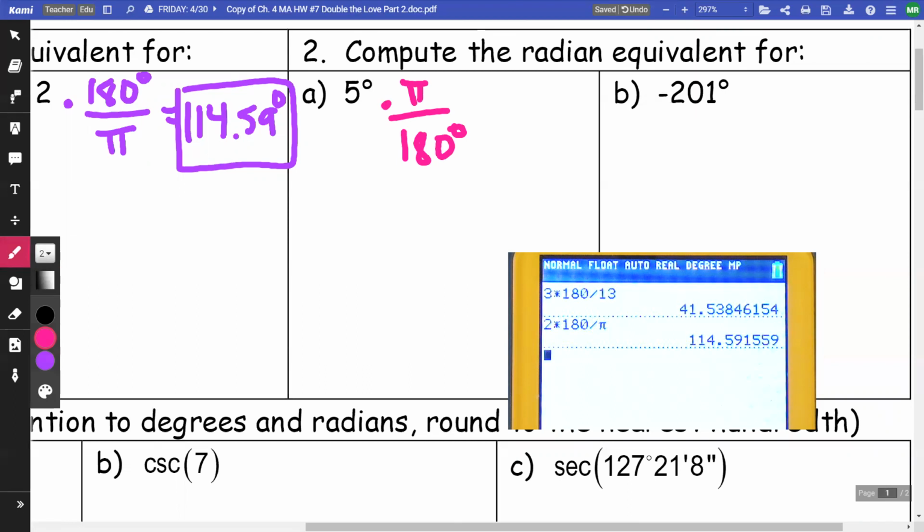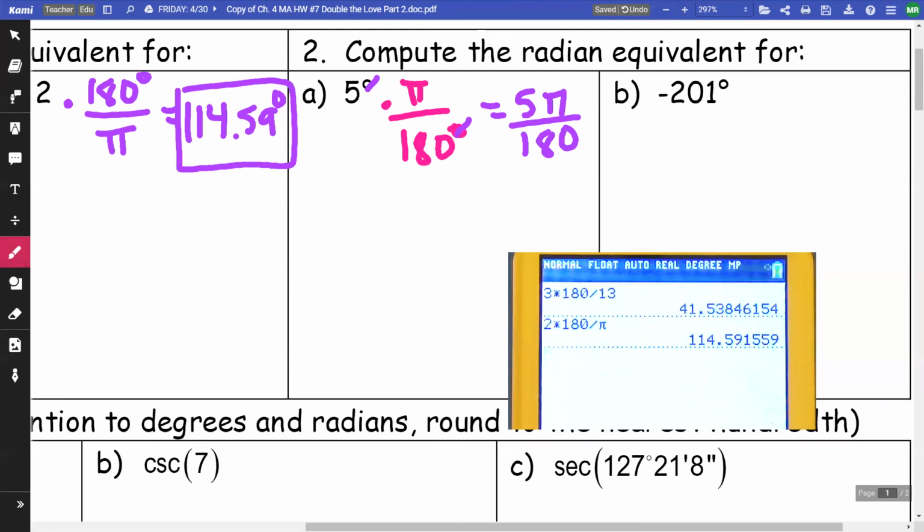The degree symbols, the units, are going to cancel out, and I am going to get 5 pi over 180. If I put 5 over 180 into my calculator as a fraction, I get 1 over 36. So this reduces down to pi over 36, and that would be my simplified answer.